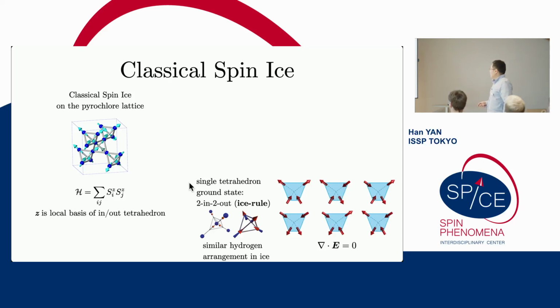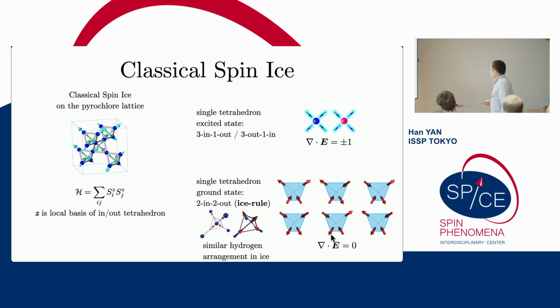This two-in, two-out rule is also called the ice rule, because that's how hydrogen atoms arrange themselves close or far from protons in water ice. But if you think of these little spins or arrows as an emergent electric field, then you see that this two-in, two-out rule maps exactly to a divergence-free condition on this emergent electric field.